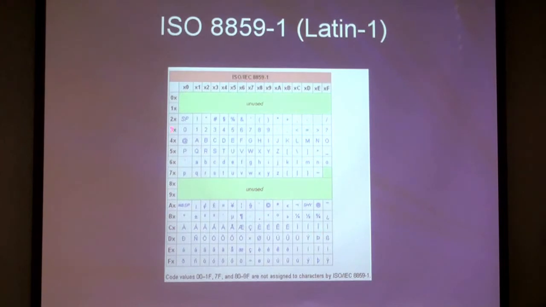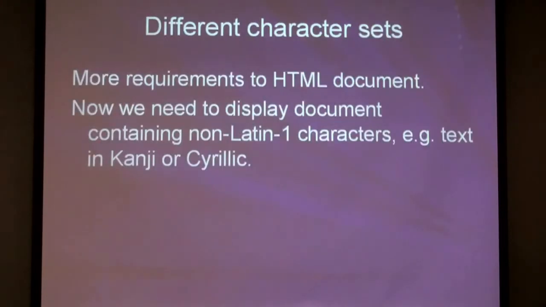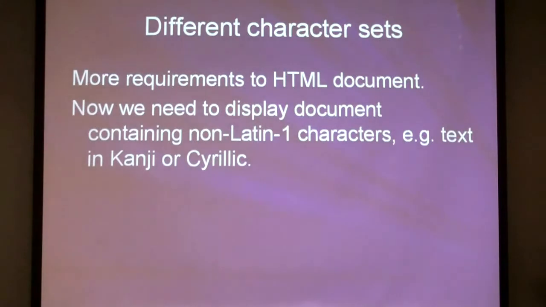And I think if we translate this into decimal numbers and compare with the Microsoft system, that will be a one-to-one correlation. Now we should be able to show documents in non-English, non-Latin 1 characters. For example, if we would like to use kanji or Cyrillic, we have to do that.